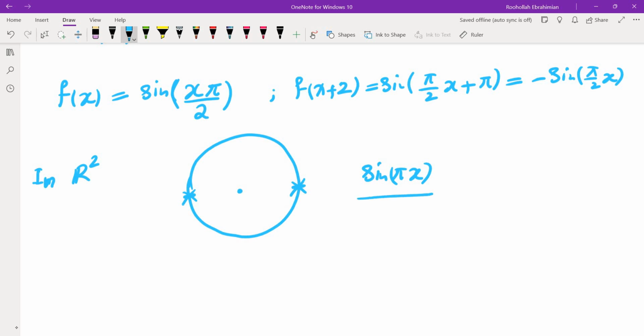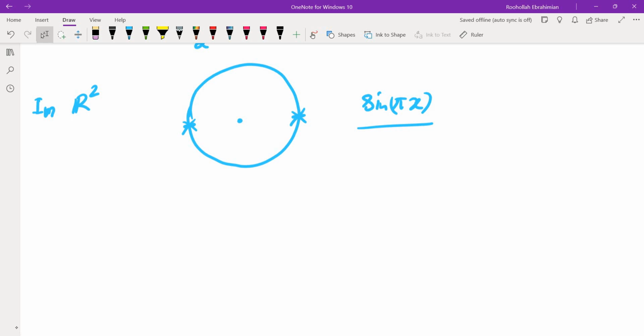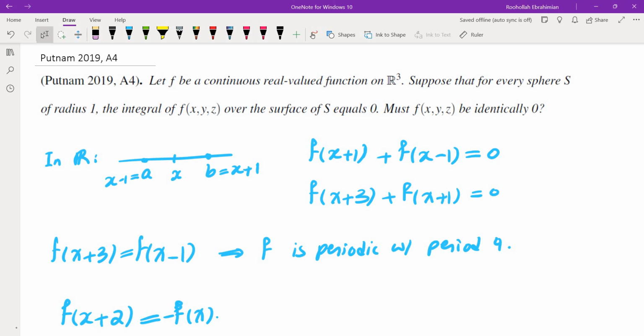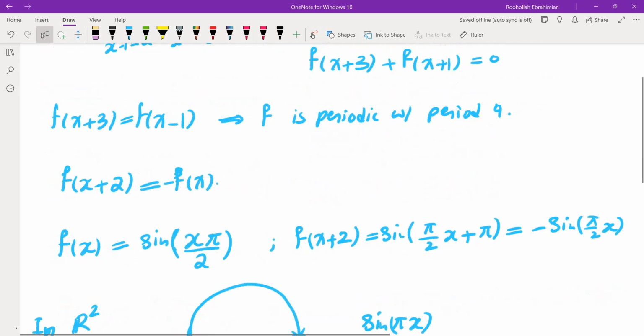So something like that would work. Perhaps the same thing would work in 3 dimensions, and in fact it happens to work in 3 dimensions as well. Okay, so the answer is no, because the question was asking us, must f of xyz be identically 0? So the answer is no.